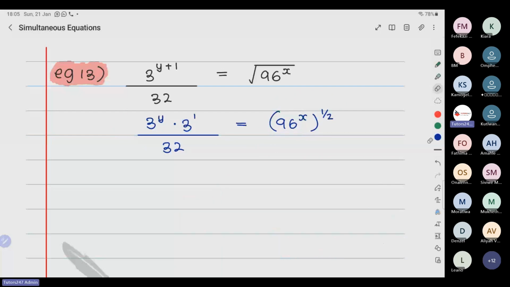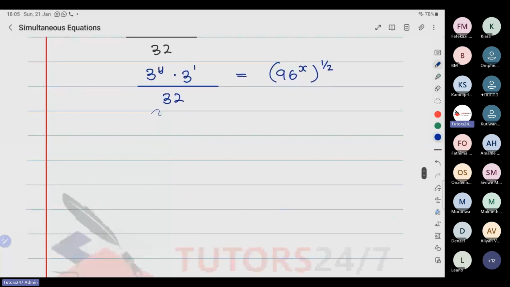So from here, we break up 32 into 2 to the power 5. We can break up 96 into 2 to the power 5 times 3, and that is to the power a half x.